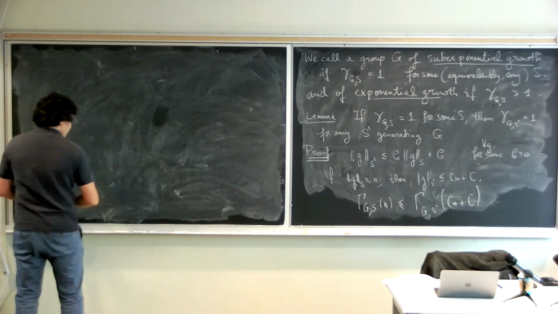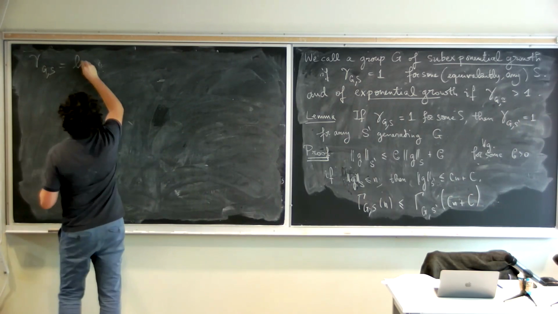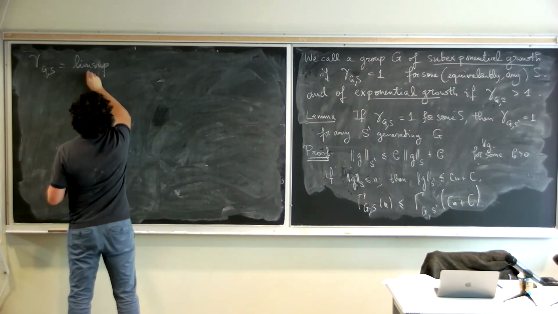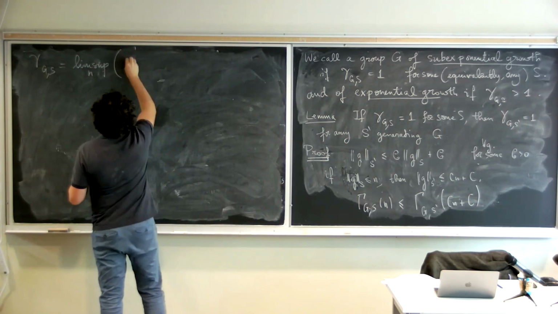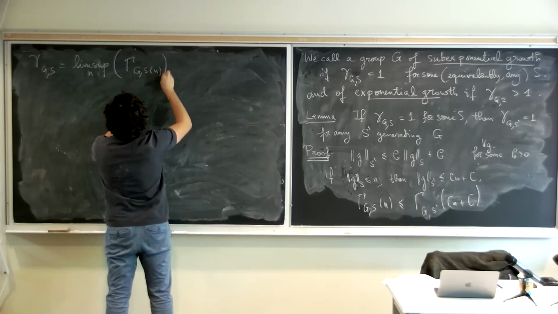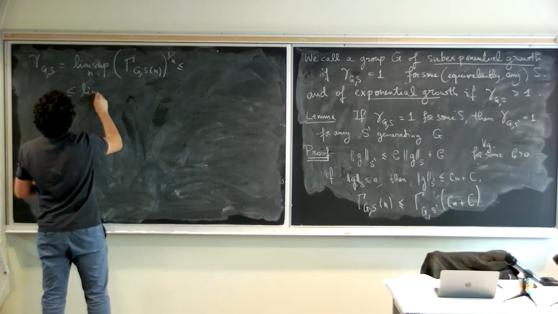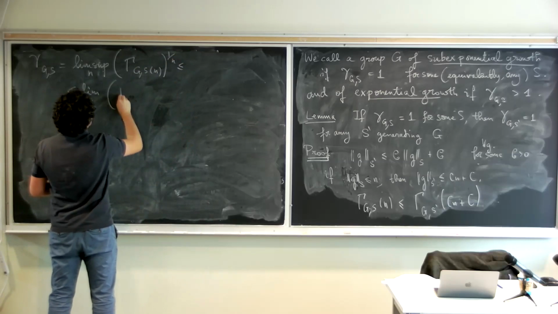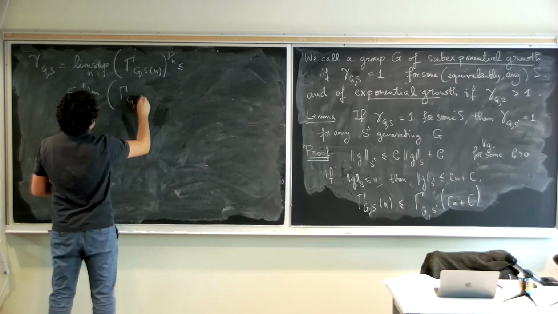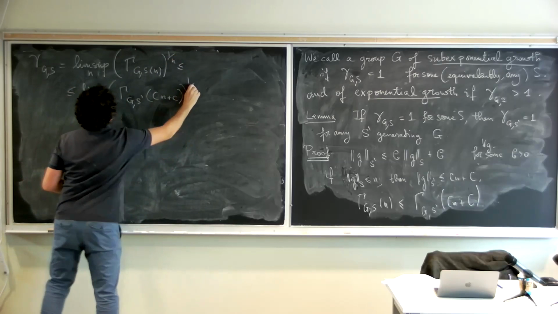Right. So the growth rate gamma of G, S is the limit of the size of the ball to the 1 over n, which is less or equal than the limit for gamma G, S prime at Cn plus C to the 1 over n.